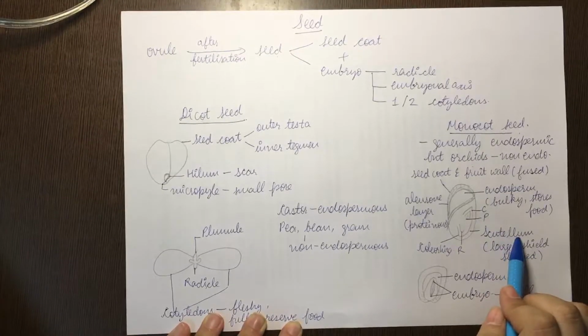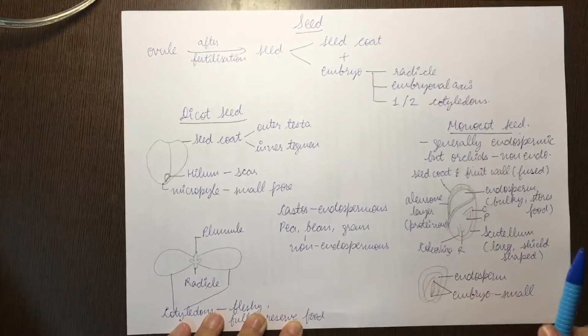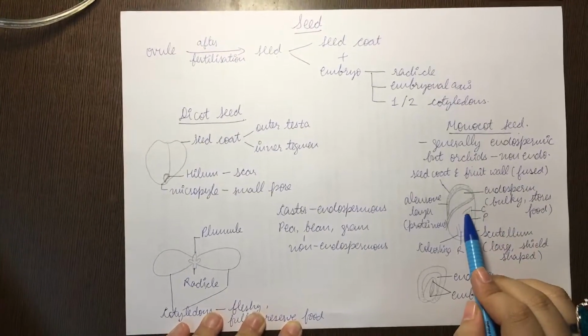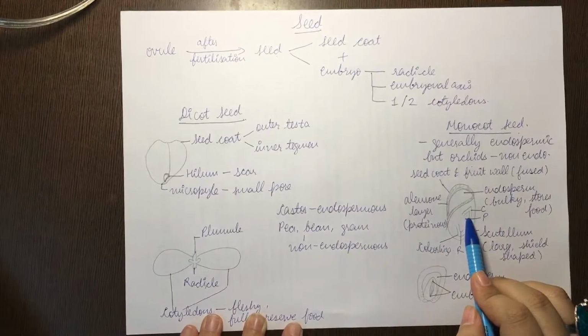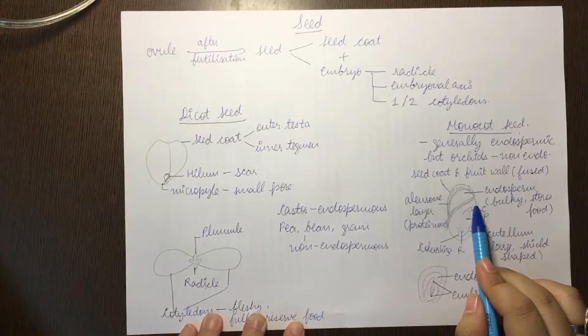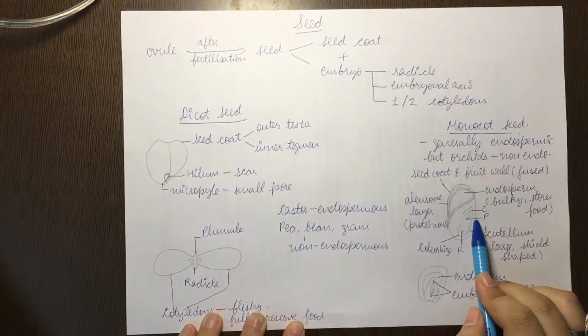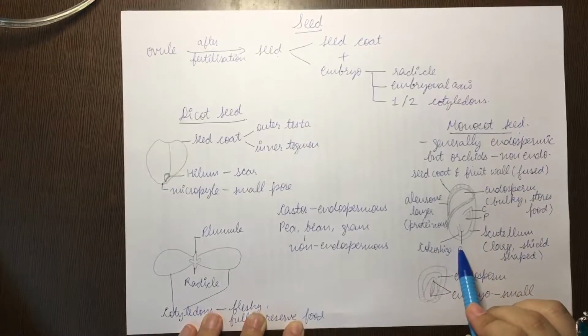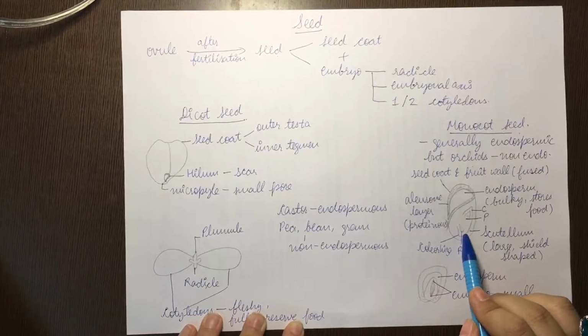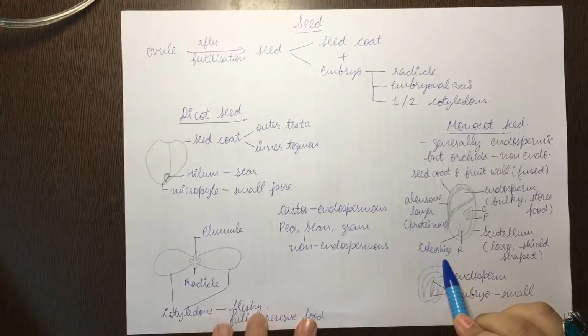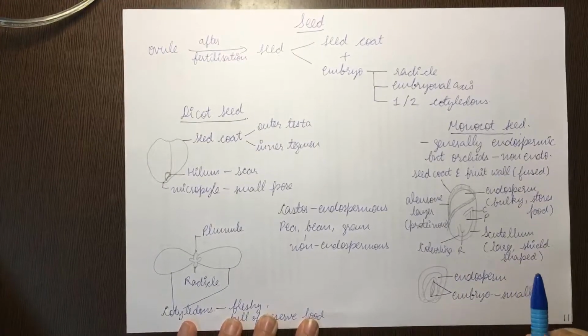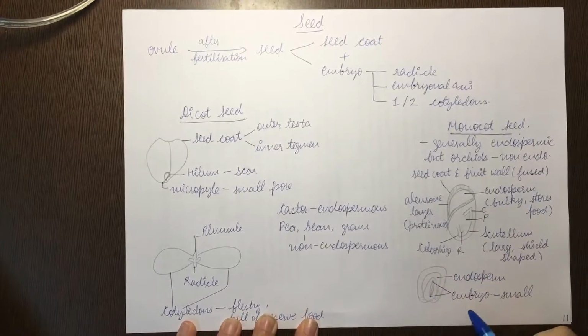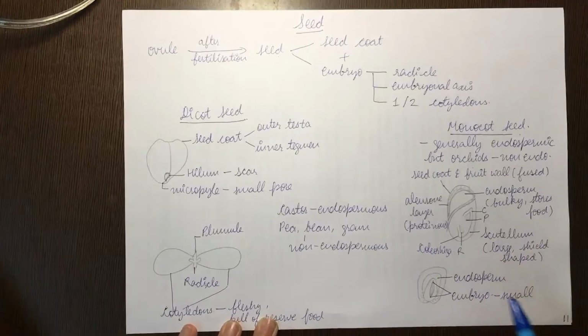This is the only cotyledon because it is a monocot, single cotyledon. This is the plumule and it is covered by a sheath which is known as coleoptile. And this is the radicle which is covered by a sheath known as coleorhiza. And here the embryo is small and this is the endosperm.